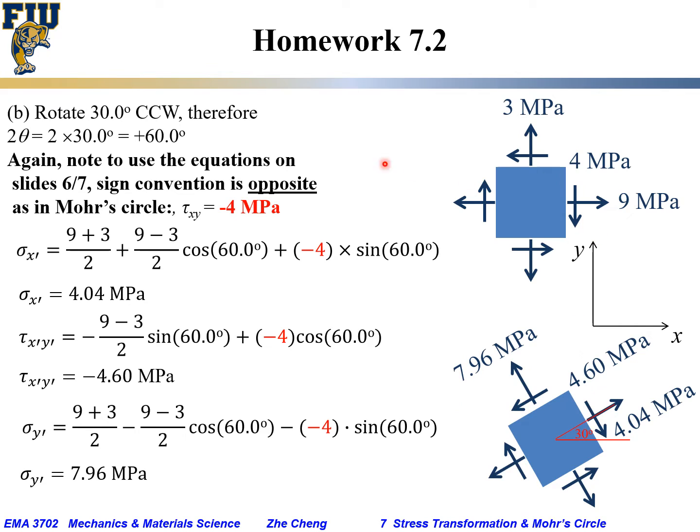On the other hand, if we are going to rotate the element 30 degrees counterclockwise, then the 2 theta would be positive because we are rotating according to the sign convention.